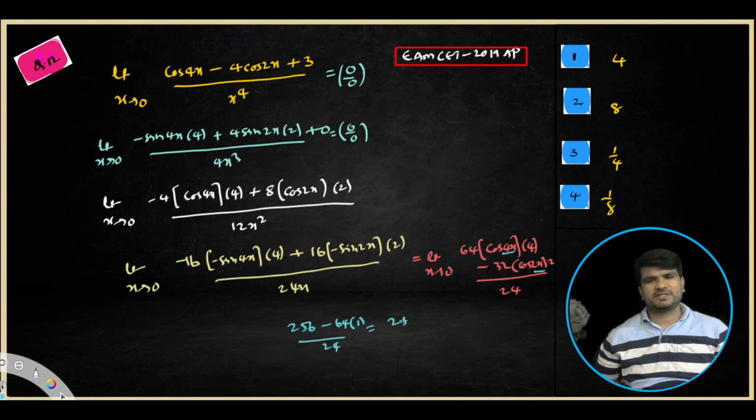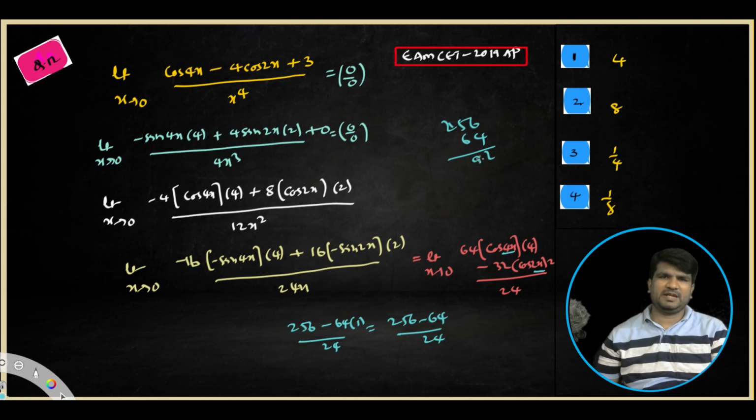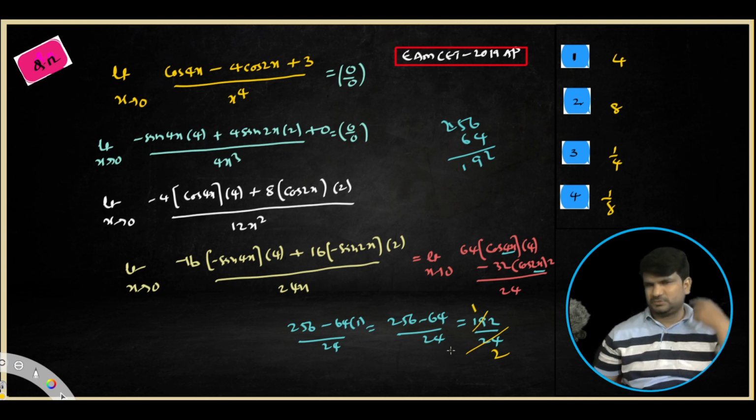So (256 minus 64) divided by 24. 256 minus 64 is 192, so 192 divided by 24 is 8. So the second option is the right option. So this is all about L'Hospital rule.